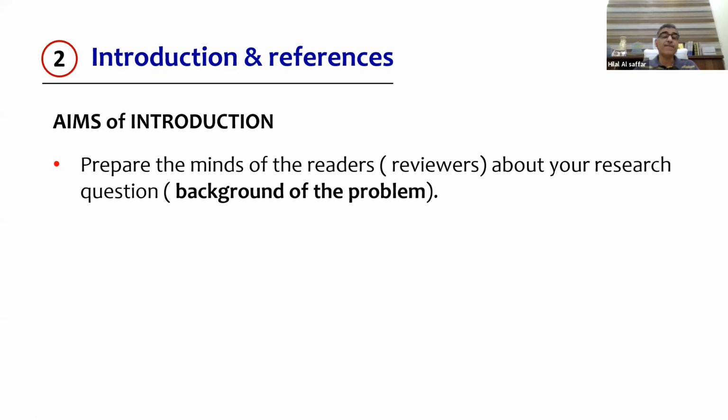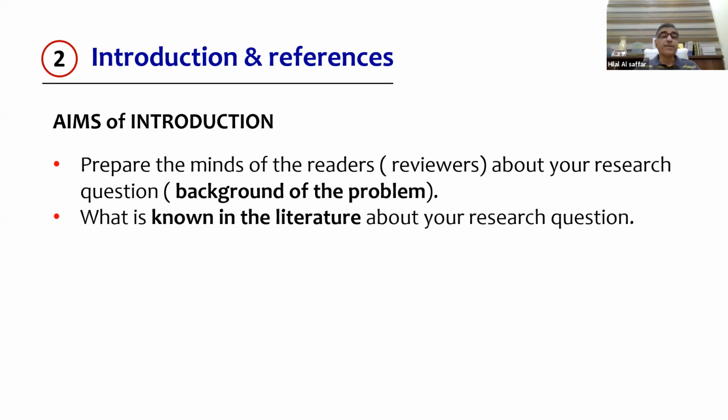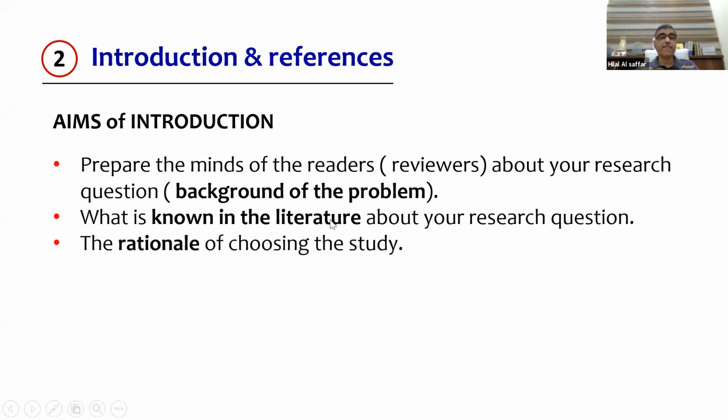Of course, we will have an example, and we will apply these considerations in the example. The second point is to write what is known in the literature about your research question. So you will have to do a literature review and see what the literature has about your research question.